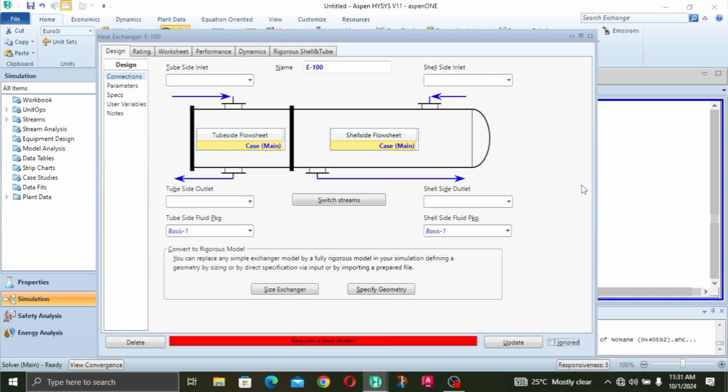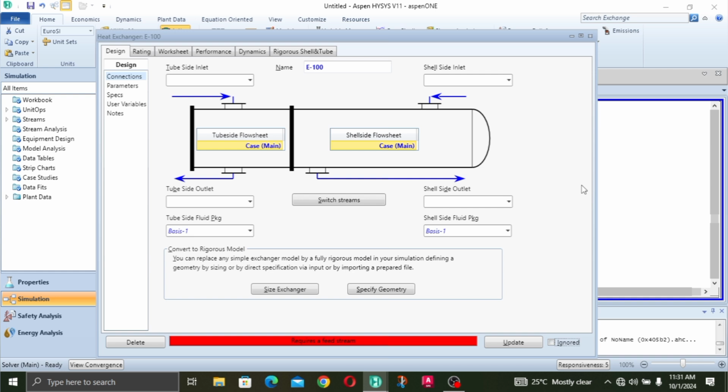This is basically what the shell and tube heat exchanger looks like. The tube is submerged inside the shell. Now, the reason for this equipment being like this is due to some factors such as optimization of thermal energy transfer to make it more efficient, and safety factors.